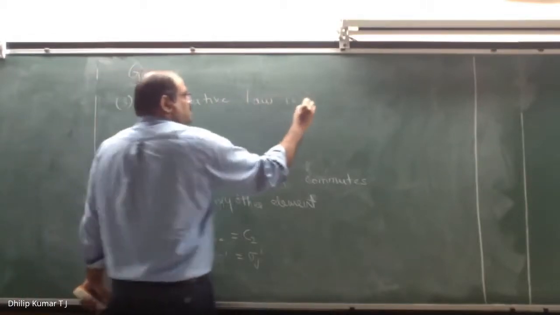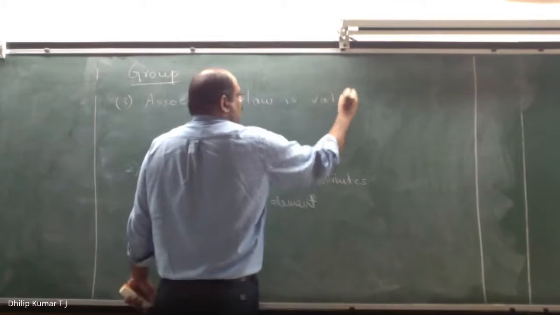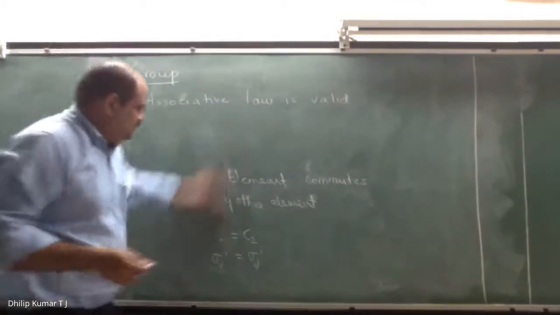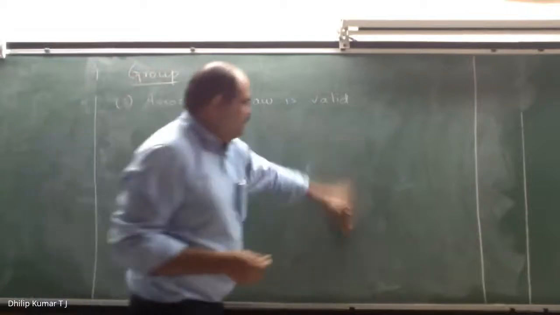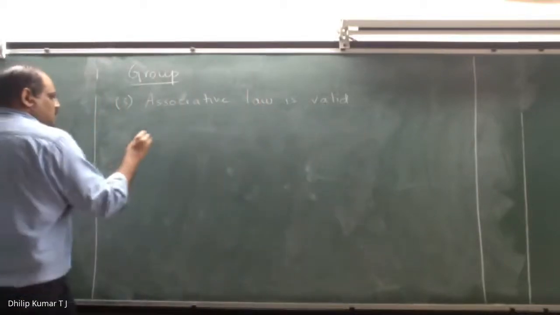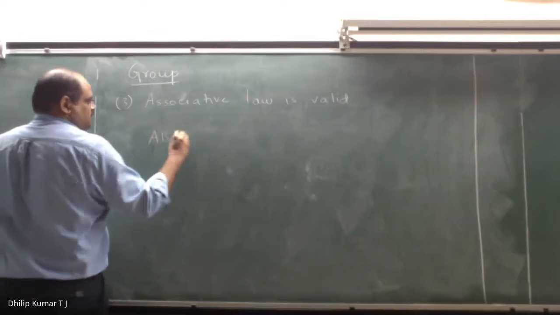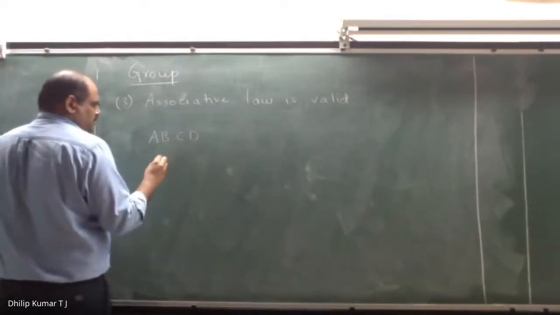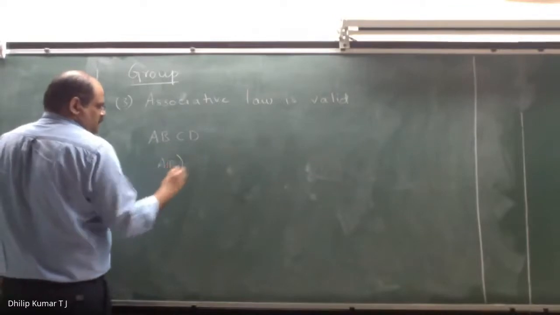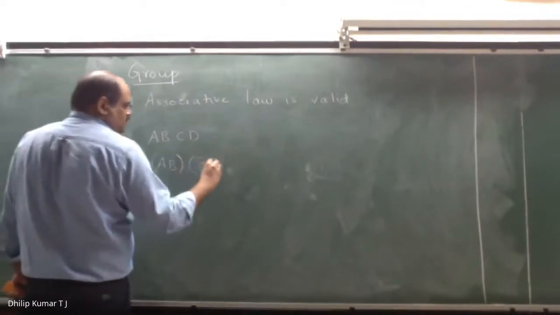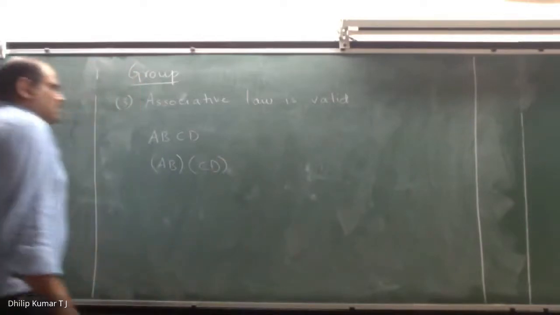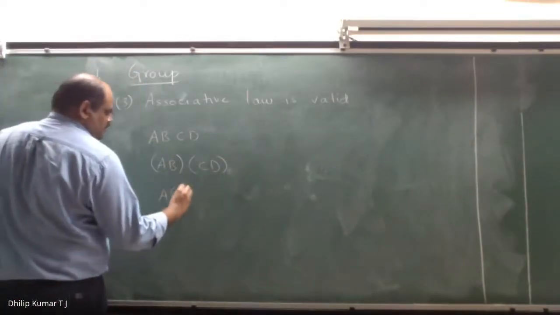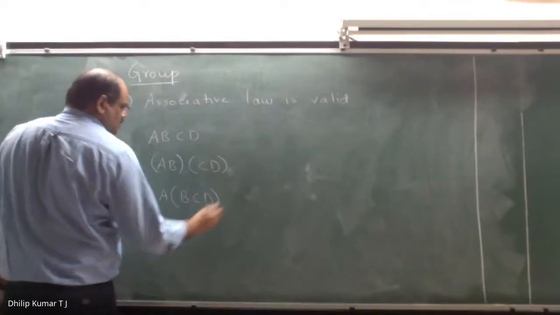Is valid, I can say. Say you have a group with four elements: A, B, C, D. If you combine these in any fashion, say you take the product of AB and then multiply with CD, or you take A and then multiply with BCD.